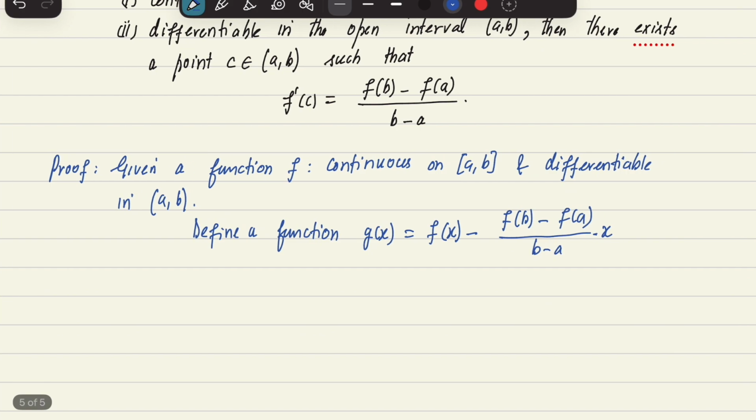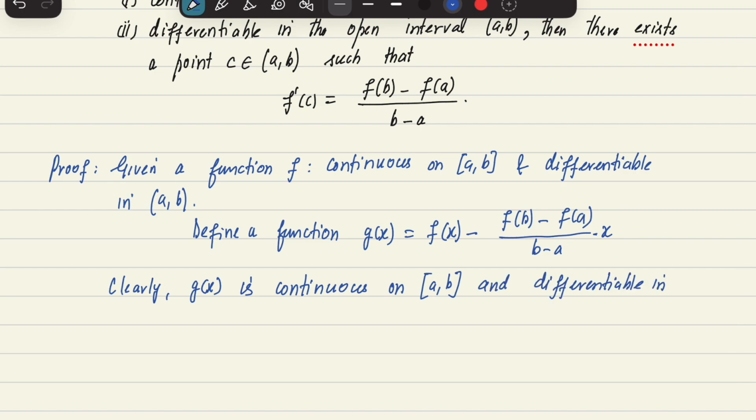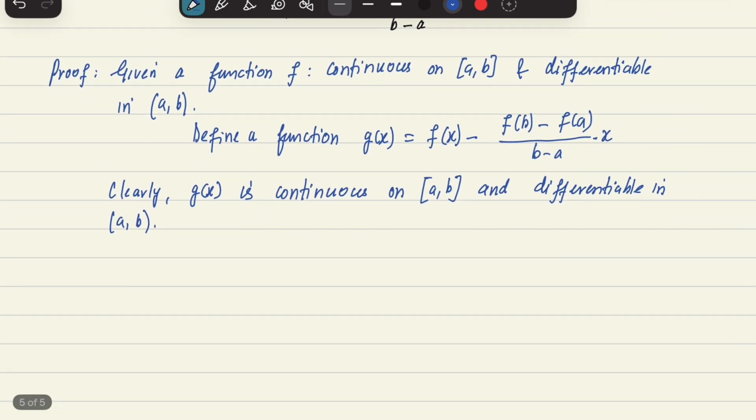So therefore we clearly have g(x) is continuous on the closed interval [a, b], and differentiable in the open interval (a, b). So therefore both the conditions of Lagrange's mean value theorem are also satisfied for the function g(x).